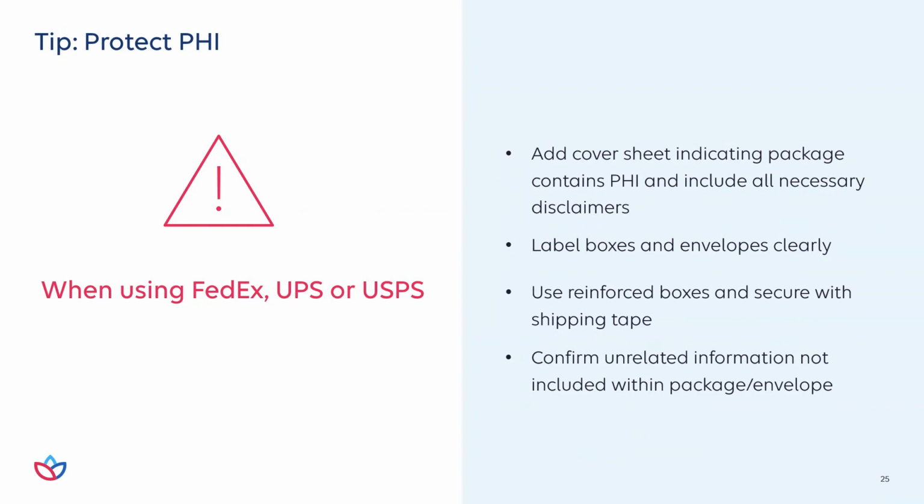Label your boxes and envelopes clearly, use reinforced boxes, secure with shipping tape, and confirm that any unrelated information is not included within that package or envelope. Those are tips for the mechanisms on the left-hand side of the slide, but that's not your only option, and I'm sure you know that.